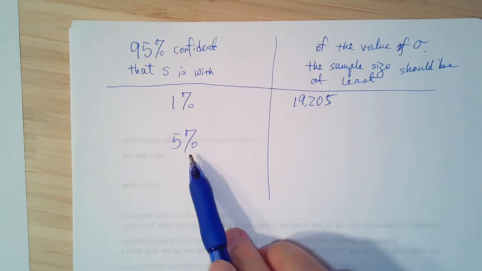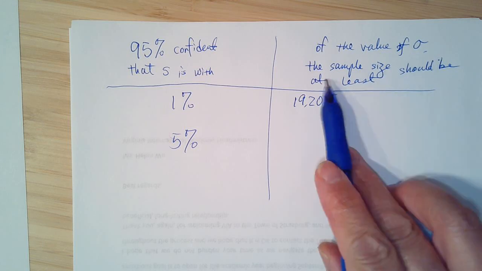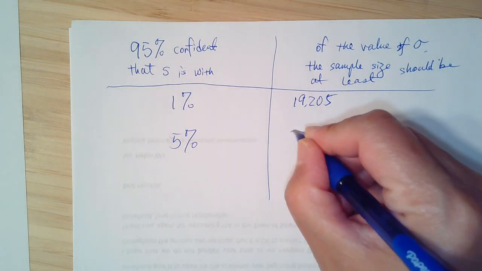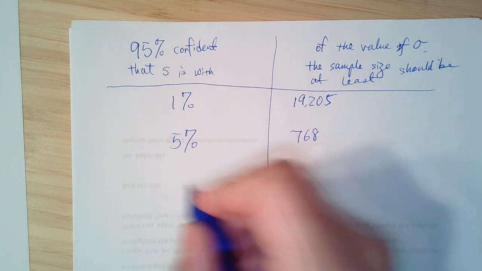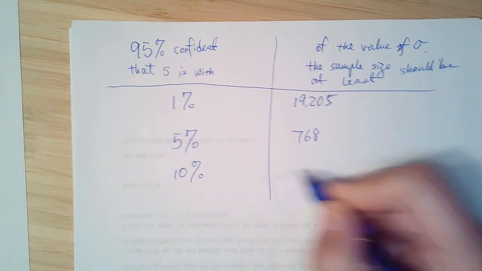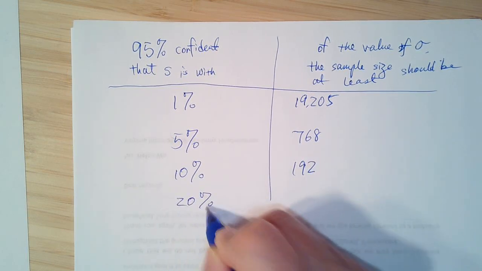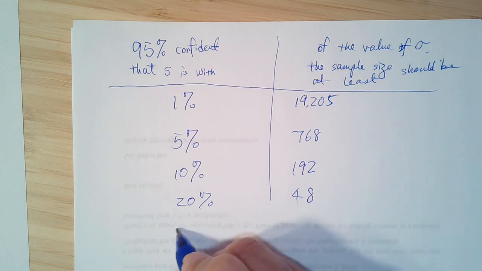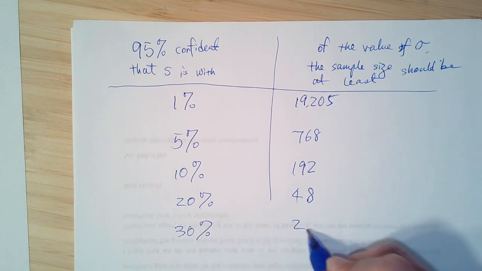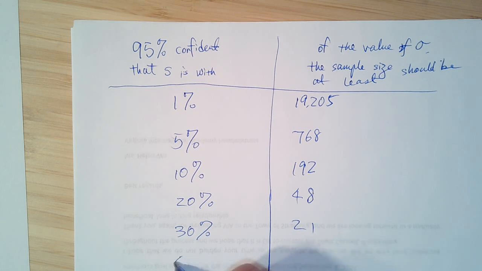So 5% of the value of sigma, the sample size should be 768. And if it's 10%, you get 192. If it's 20%, then you get 48. If it's 30%, then it's 21. Okay, 40%, 12, and 50%, 8. So that's one table.